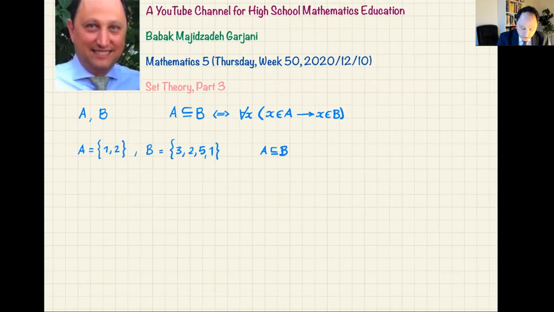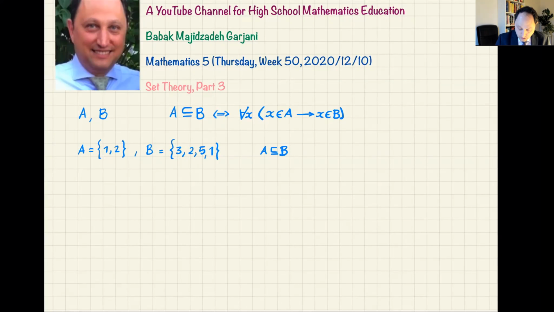Because whatever I see inside A, I see two elements. One of them is 1, the other one is 2, and every one of these elements is also inside B. Yes, it's a member of B. 1 is in A, I can also find it in B. 2 is in A, I can also find it here in B. So I would say that A is a subset of B.